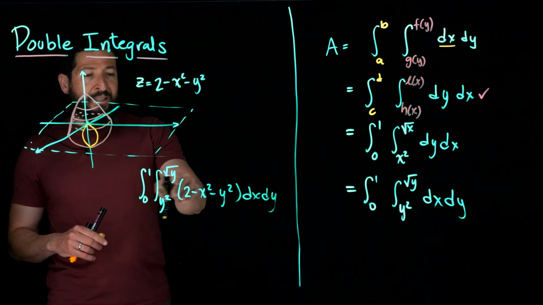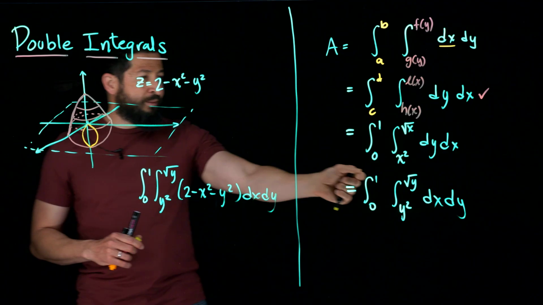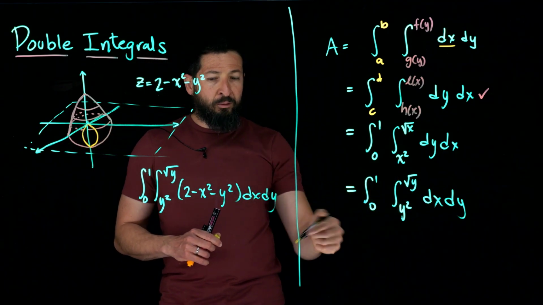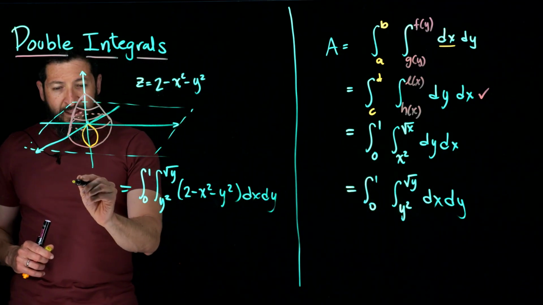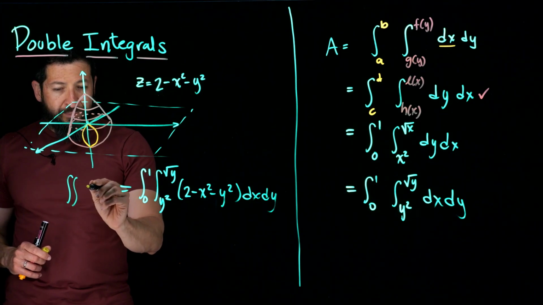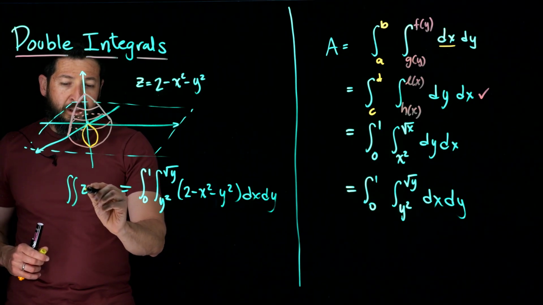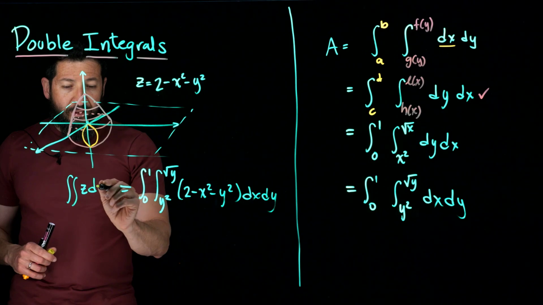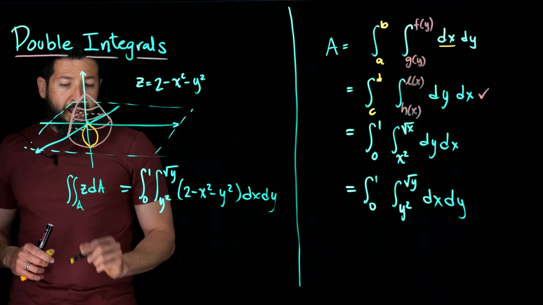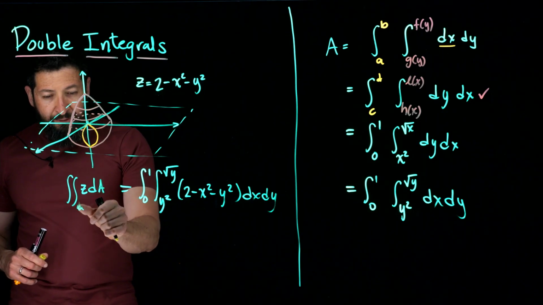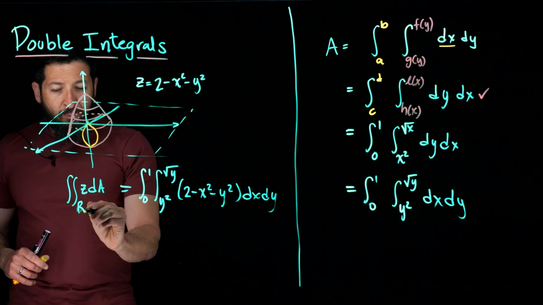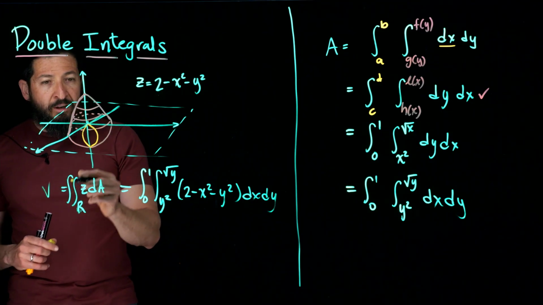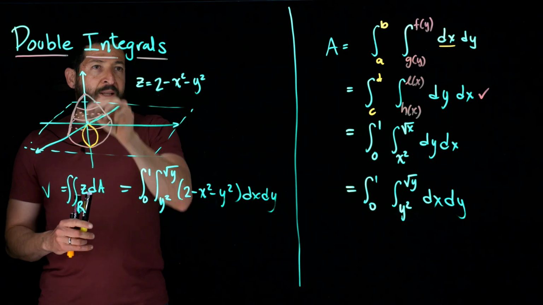So what would that integral represent? If I just grab this integral, which by the way would just be the integral of my function, let's call it z, dA over the region R, what that would represent would be the volume of the curve above that region.